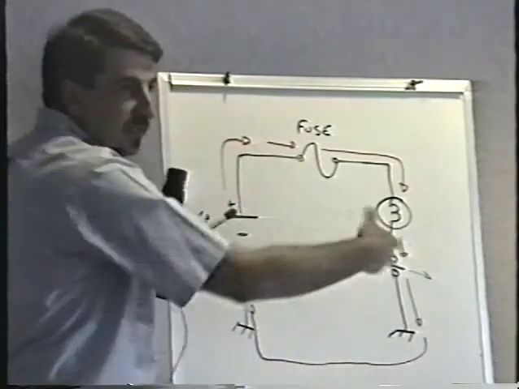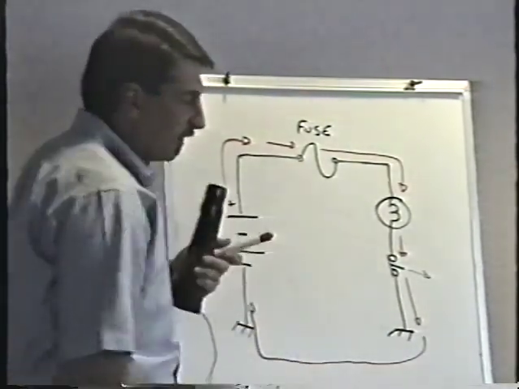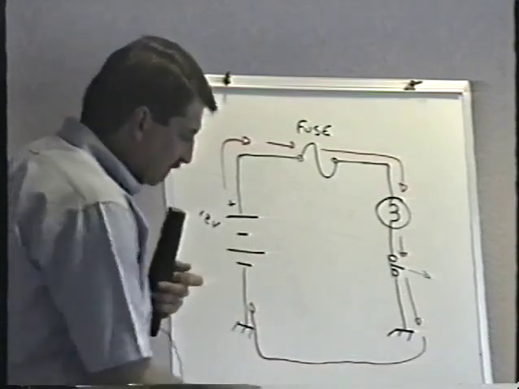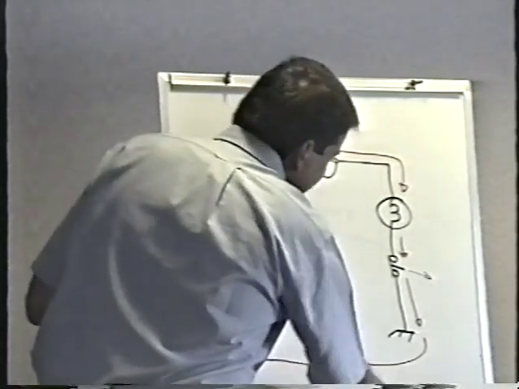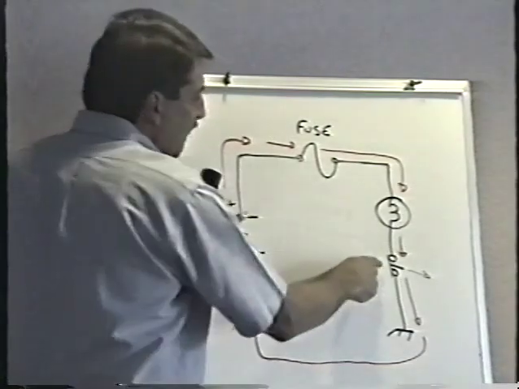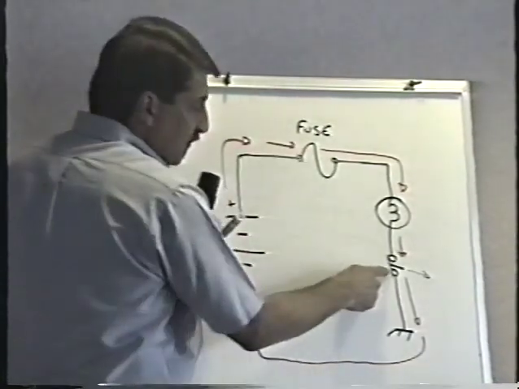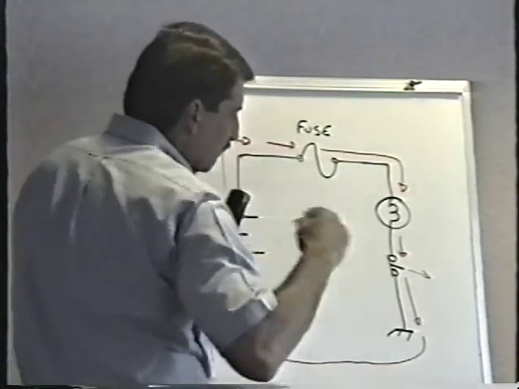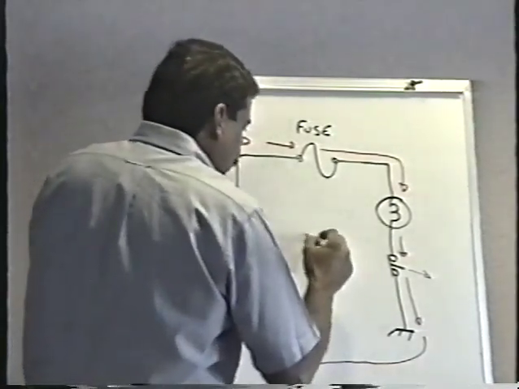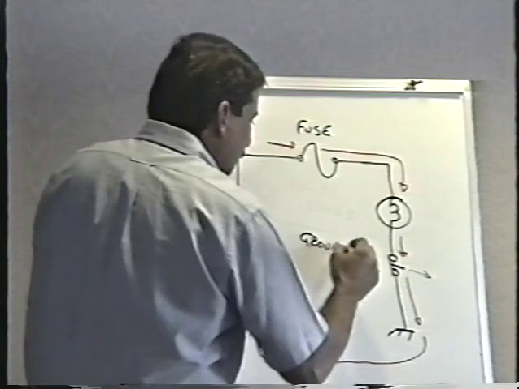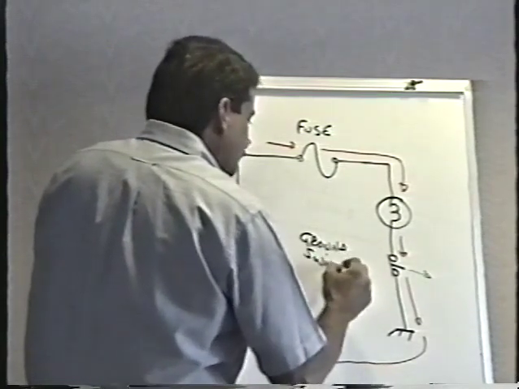If I break it in one place, I break the current flow everywhere in the circuit. So that's pretty weird. This switch, instead of switching the source power on and off, as you'd kind of expect, switches the ground in and out. It's called a ground switch.